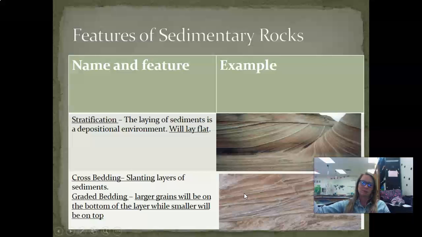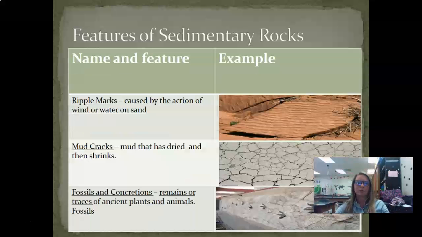The wind blew this way for a really long time, and those sediments got cemented and compacted together. And then the wind blew this way for a really long time and it got compacted and cemented together. Graded bedding just means that we have bigger elements that have settled at the bottom, and then it layers up to smaller elements. So it's like big, medium, and small as we're moving through.